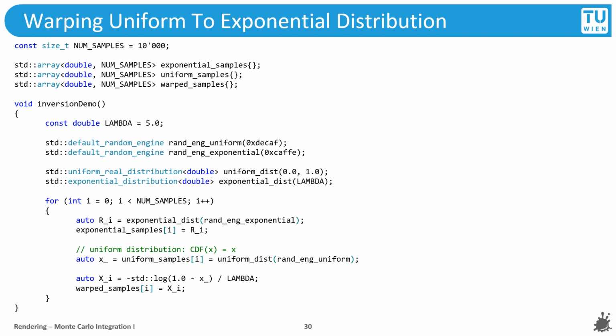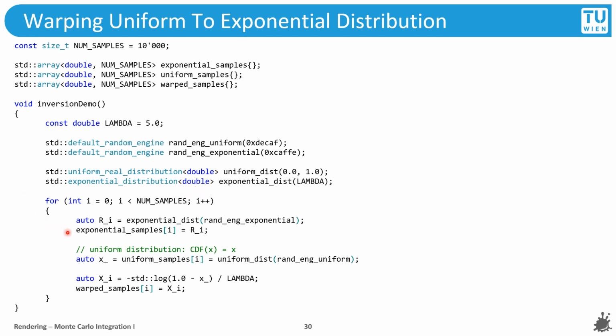So what we are doing here is we are basically putting into practice what we just saw. We are computing the inverse of the CDF and thereby simulating an exponential distribution by warping the outputs of a uniform distribution. And in order to evaluate this, we are going to write a simple C++ program that uses two different random variables. One is using a uniform distribution and one is using an exponential distribution.